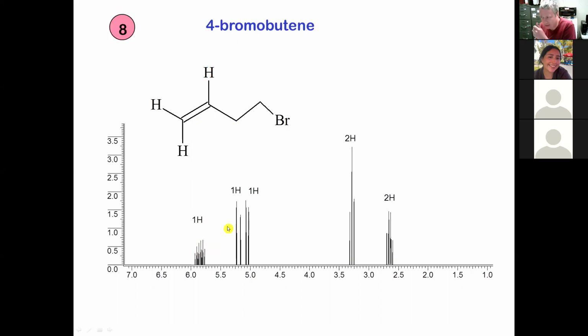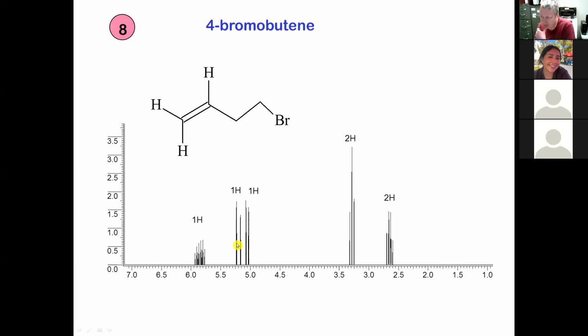Okay, then you've got what appears to be a big doublet and a small doublet. A big doublet, so maybe large J value, and a small doublet, small J value. Which did we say was the one with the big J value? The cis one or the trans one? If you just look at the distance, that's the big J value, that's the small J value, right?